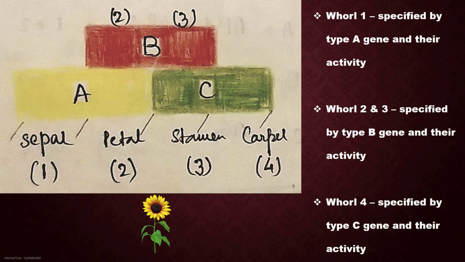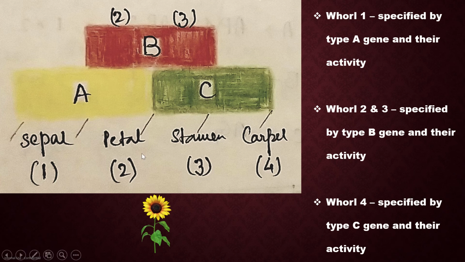Whorl 1, that is sepal, is specified by type A gene and their activity. This block represents type A gene and their activity. So you can see sepal is solely governed by the activity of type A genes.